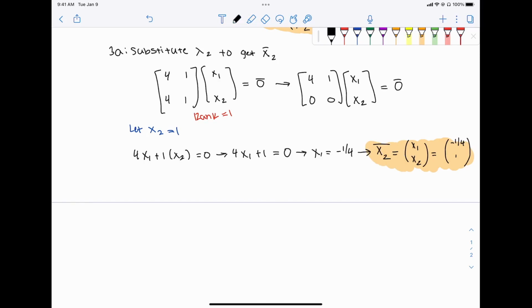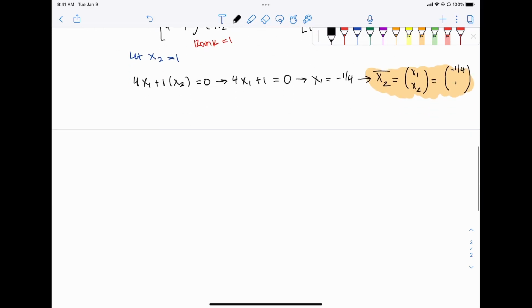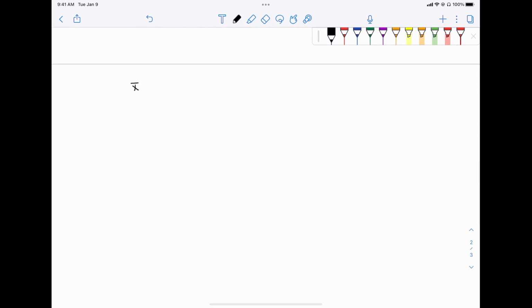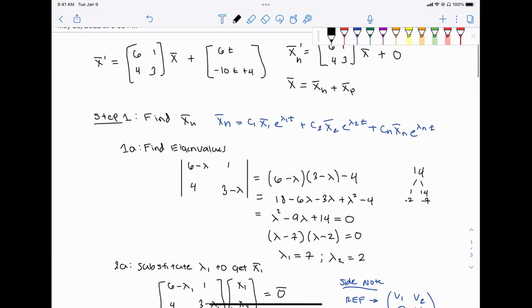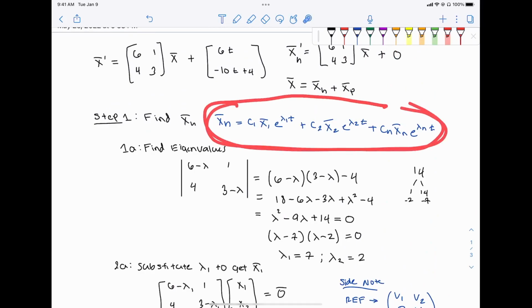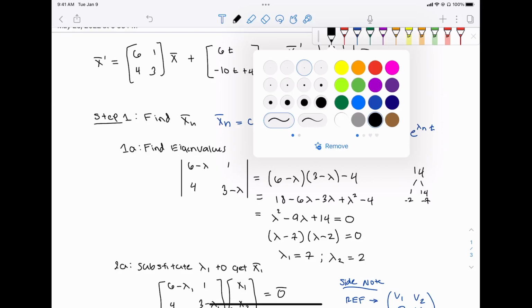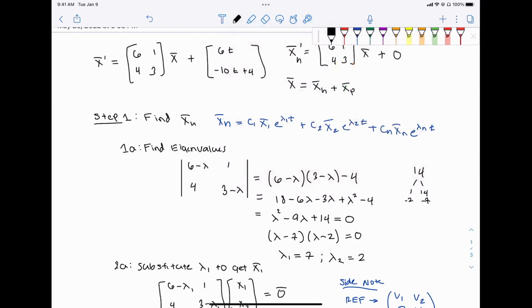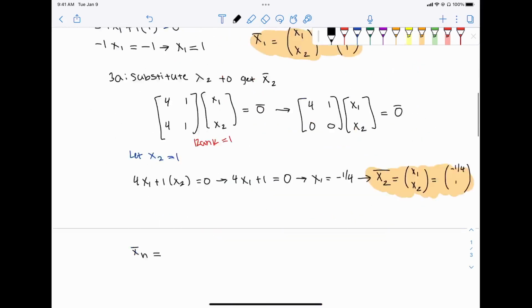Great. So now we have everything that we need to assemble the homogeneous solution, to where the homogeneous solution is going to equal, and if we go back up here to our nice formula, C1 times our first eigenvector multiplied by e to the lambda 1 t.